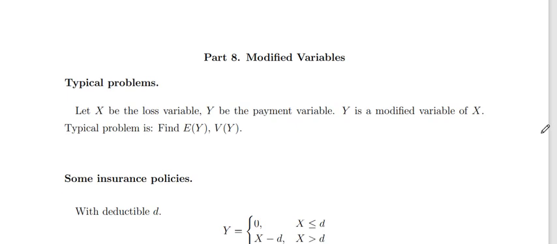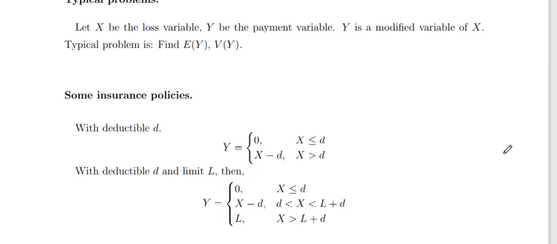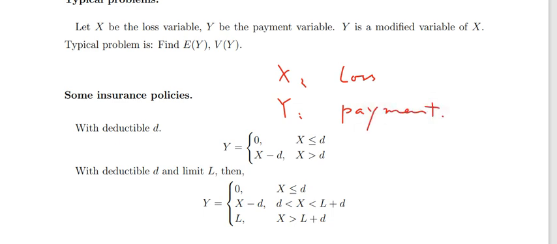So we also sometimes need to modify the variables. A typical example is the insurance policy, right? We have X as loss and Y as payment. The insurance company will not pay the loss exactly.